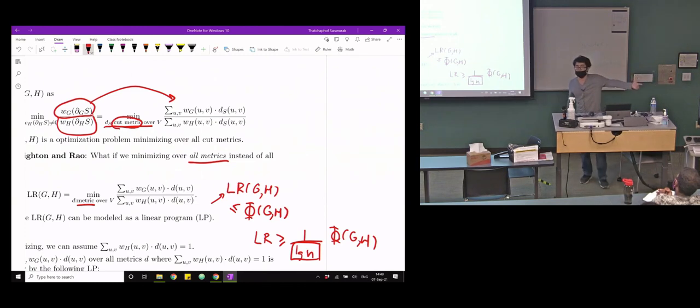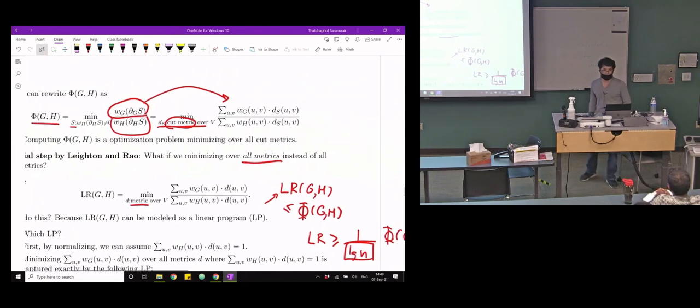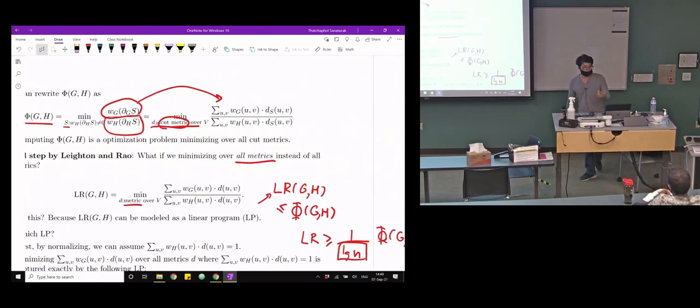And that log n factor, where does it come from? From Bourgain. Yeah, exactly. All right, so that's the plan for next time. We will show that the Leighton-Rao relaxation is indeed kind of good.